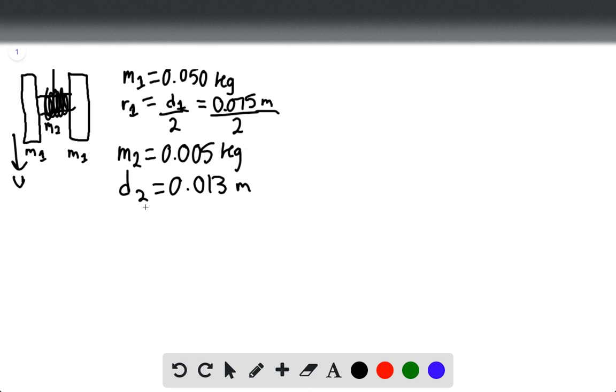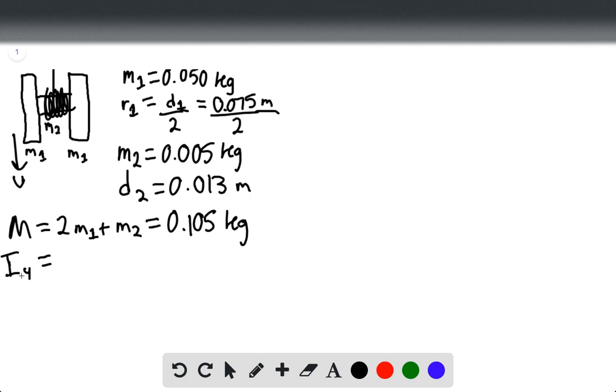And at this point, we can say that the mass, capital M, is going to be the mass of the yo-yo, and this is going to be 2m1 plus m2, or 0.105 kilograms. So again, this would be the mass of the yo-yo. And we have the moment of inertia of the yo-yo. We'll just call it I sub y. There's going to be 2 times the moment of inertia sub 1 plus the moment of inertia of that cylindrical hub I sub 2.